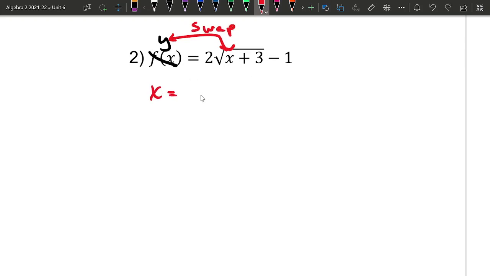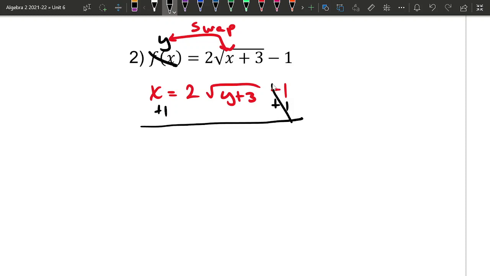So x equals 2 square root of y plus 3 minus 1. And now I want to rearrange it to get y by itself. So I'm going to add 1. So x plus 1 equals 2 times the square root of y plus 3.